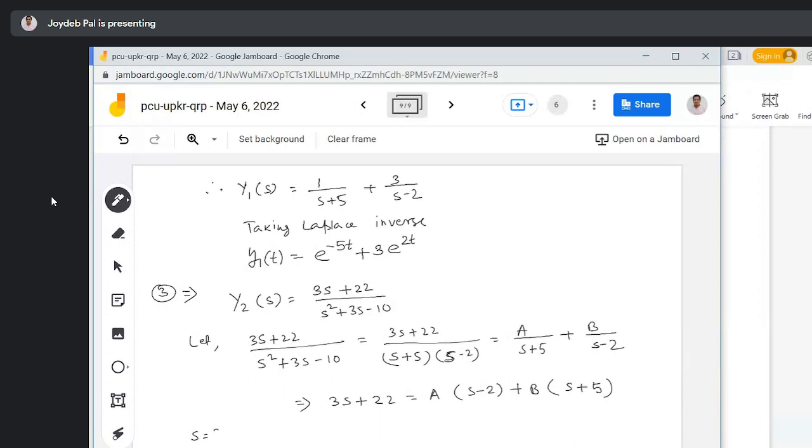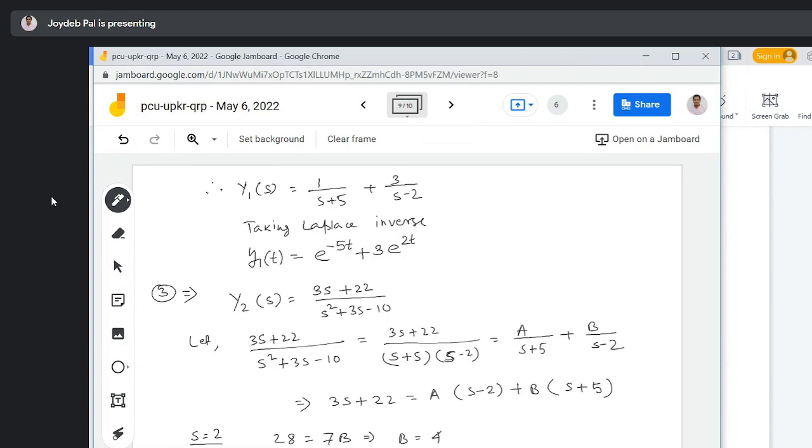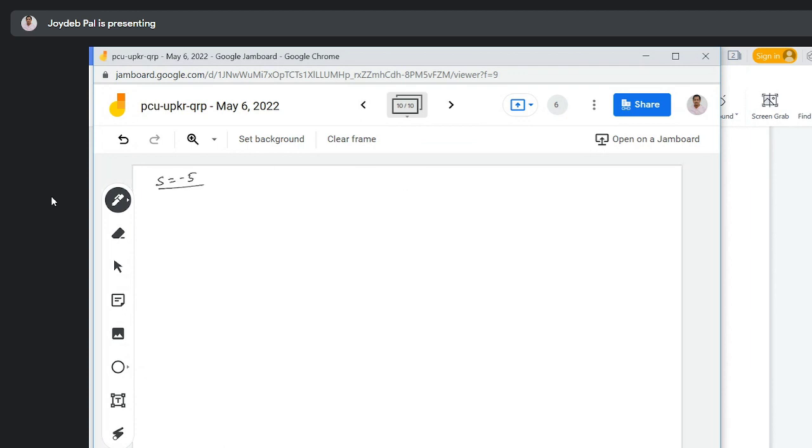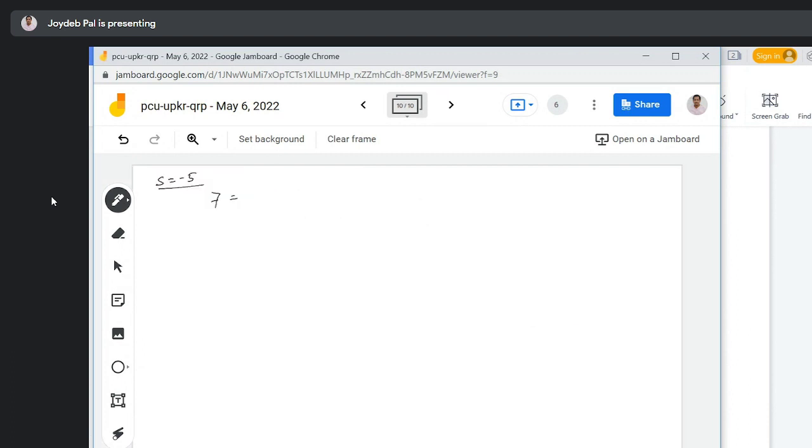Now you take s equal to 2, it will be what? 28, 7b. b is equal to 4. And you put s equal to minus 5, minus 15 plus 22, 7, and this side 0 minus 7a, a is minus 1.